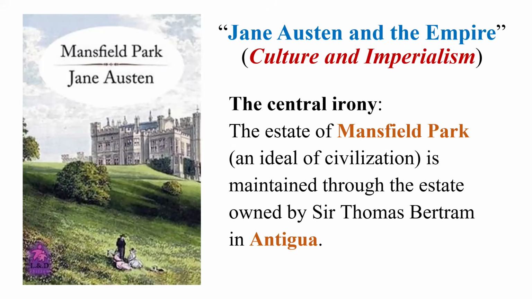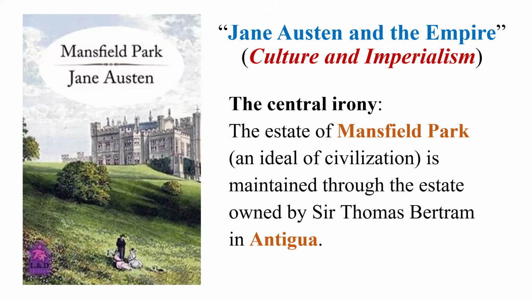In this work, you have a chapter called Jane Austen and the Empire, in which Edward Said says the estate of Mansfield Park, an ideal of civilization, is maintained through the estate owned by Sir Thomas Bertram in Antigua. So when we read this, we don't read between the lines. Edward Said says you have to understand.